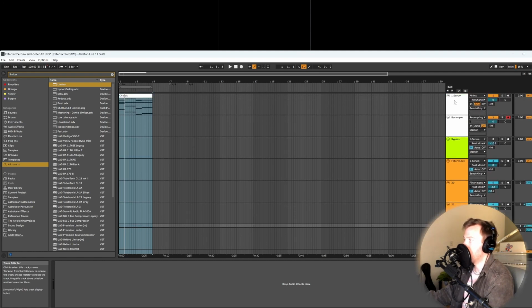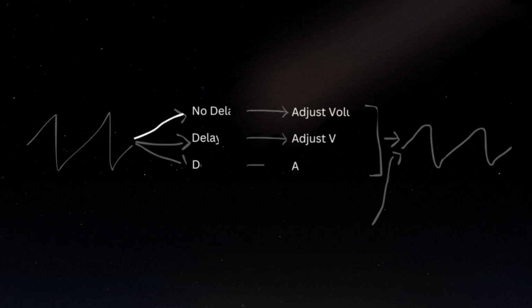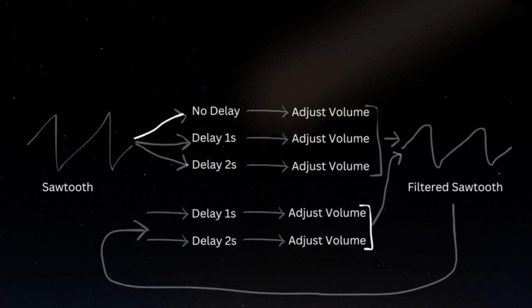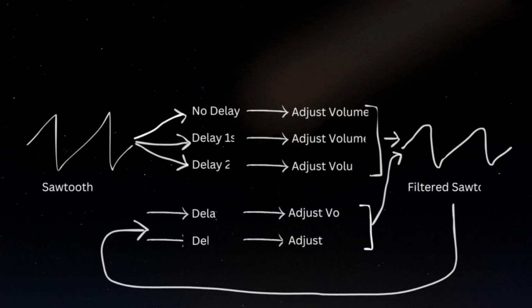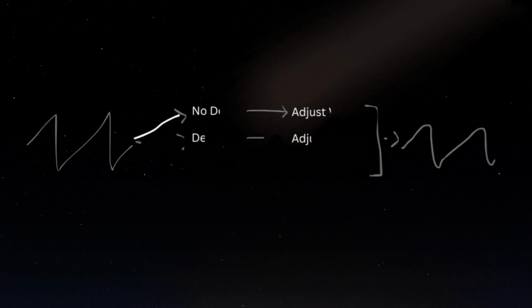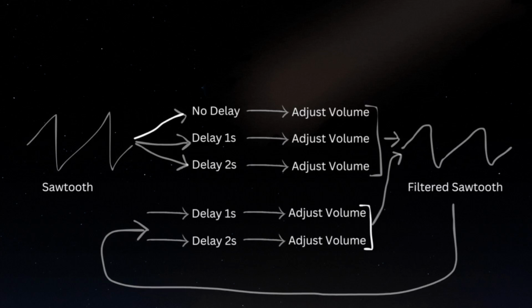at the signal flow. This IIR filter has the same signal flow as what I described in the beginning of this video, but let's quickly recap. The sawtooth gets sent to 3 parallel channels. The first channel is dry with no delay. The second channel has 1 sample of delay, and the third channel has 2 samples of delay. The volume of each of these channels is precisely adjusted and sent to a filter output, which I'm implementing with an Ableton send track.